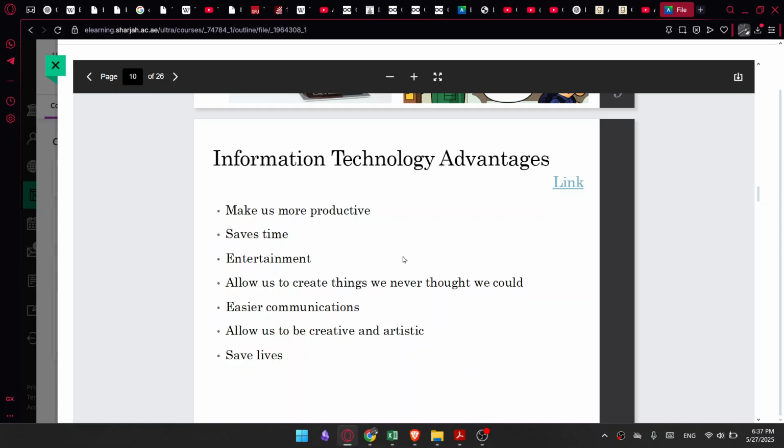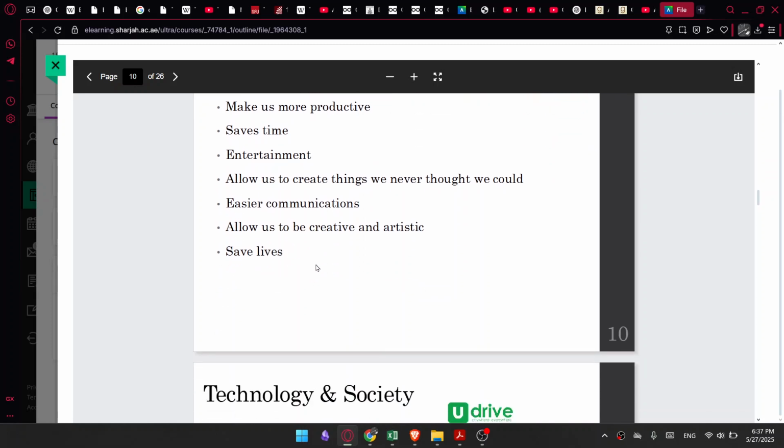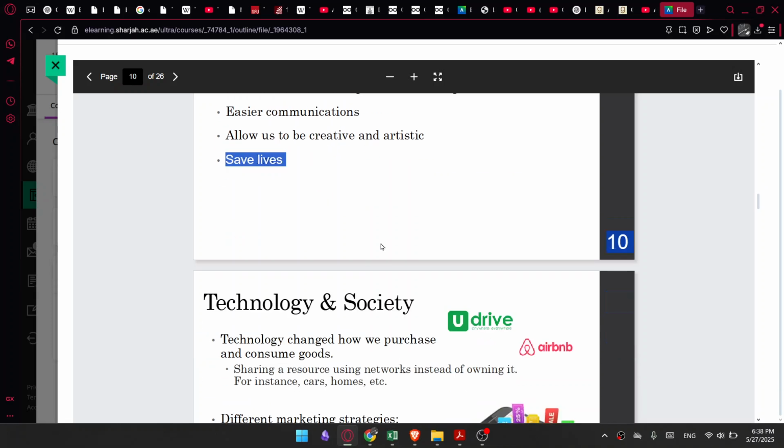Now with information technology and AI, we can do many things easily and faster that we never thought we could do individually. Easier communications allow us to be creative and artistic and save our lives.